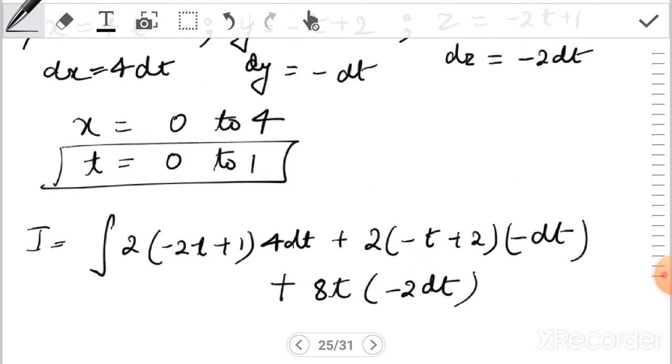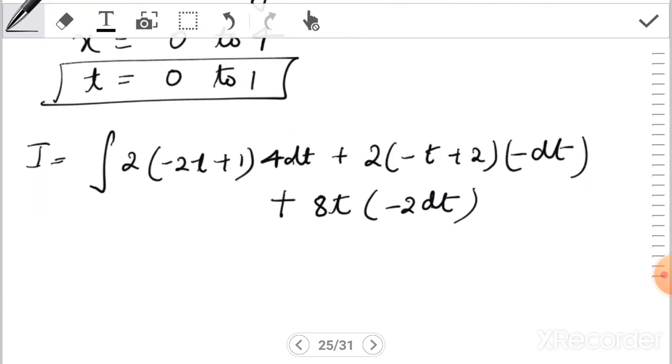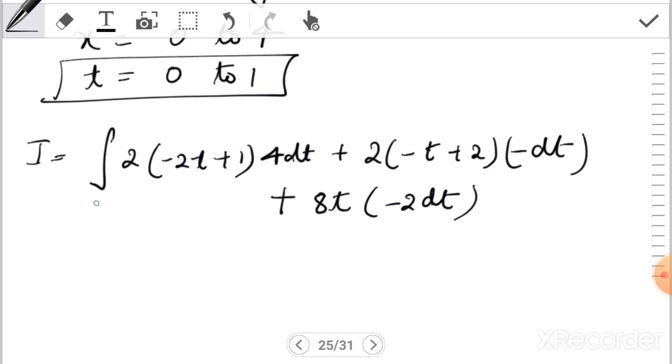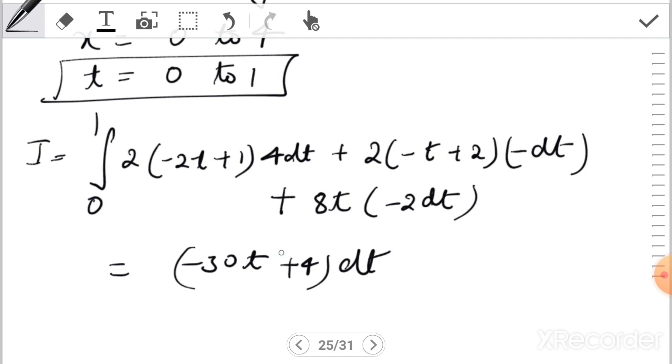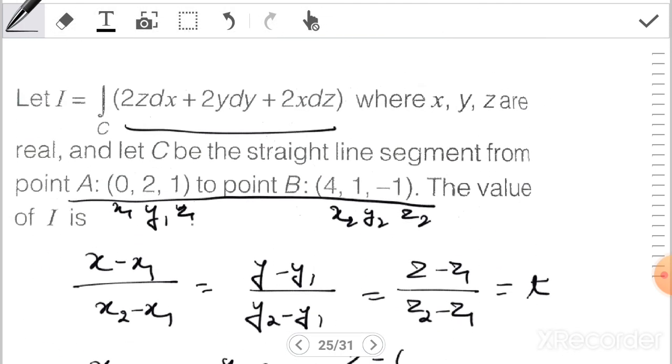Okay, so dz is equal to minus 2 dt. So now evaluate this integral from 0 to 1. If you evaluate, this becomes minus 30t plus 4 dt, from 0 to 1, which gives minus 11. Okay, so minus 11 is the right answer.